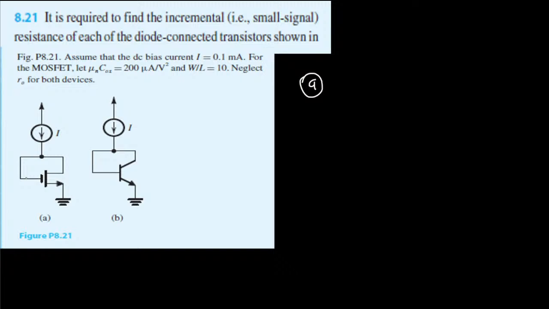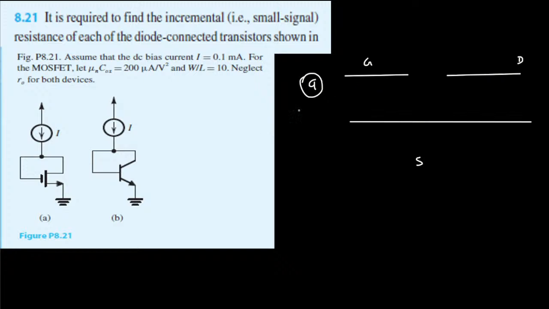In order to better illustrate this, we can draw the small signal equivalent model for the MOSFET. We will have the gate on top like this, then this is the drain, and in the bottom we will have the source. Between the gate and source there will be a VGS voltage.